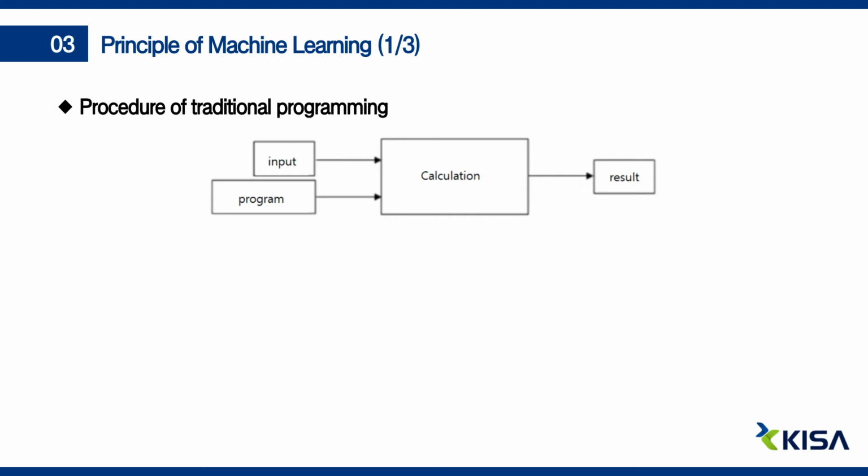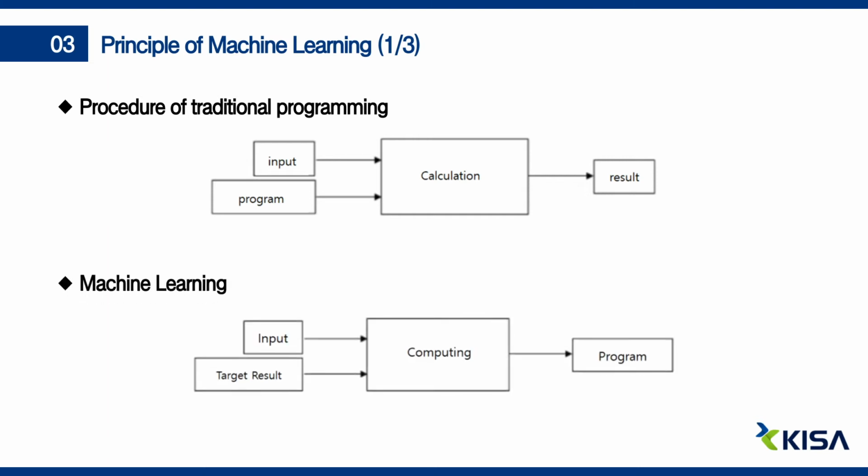Machine learning is a science and technology that studies systems that improve the performance of itself from empirical data based on environment and interaction. Unlike traditional programming procedures, when data and target results are entered, the results can be obtained from machine learning algorithms.